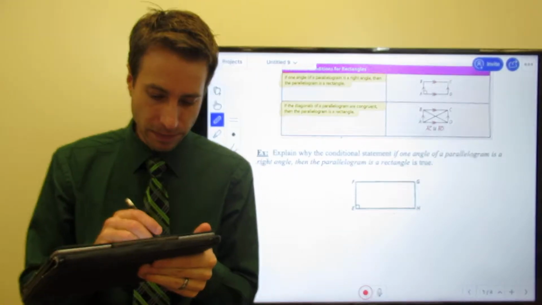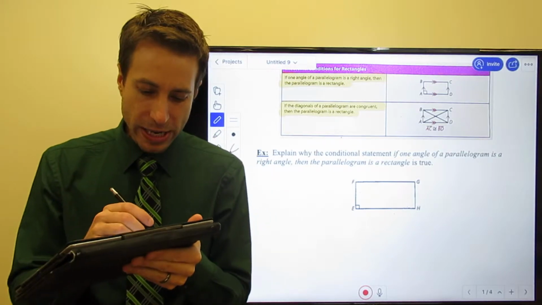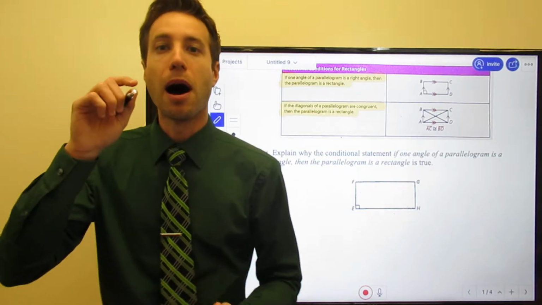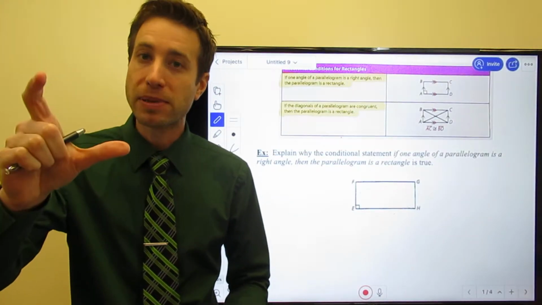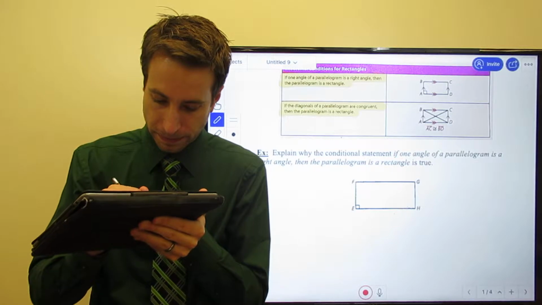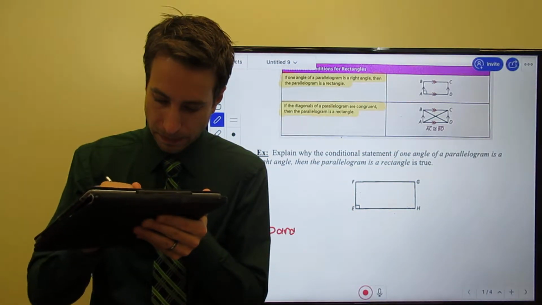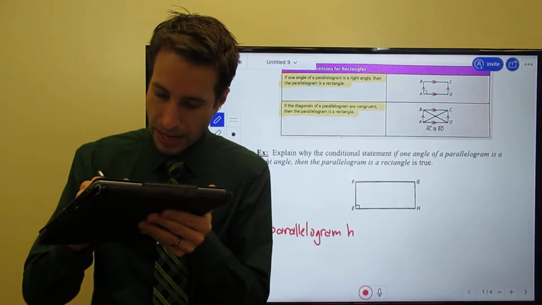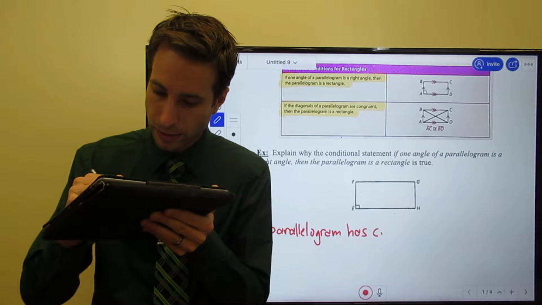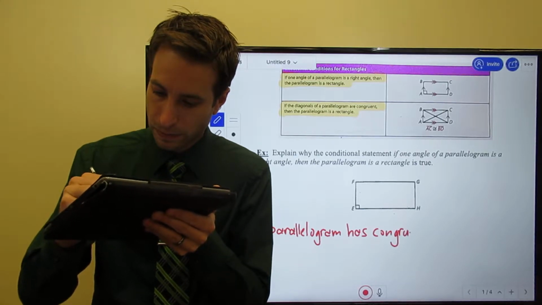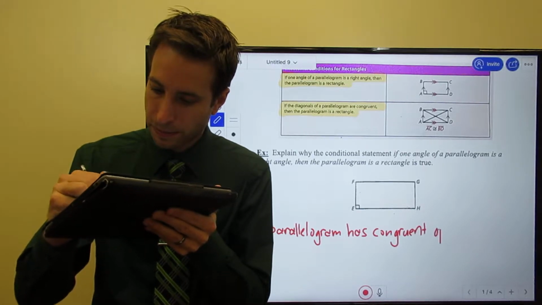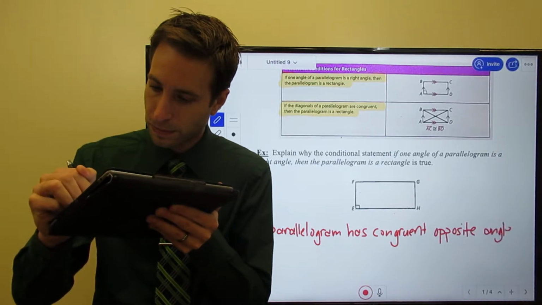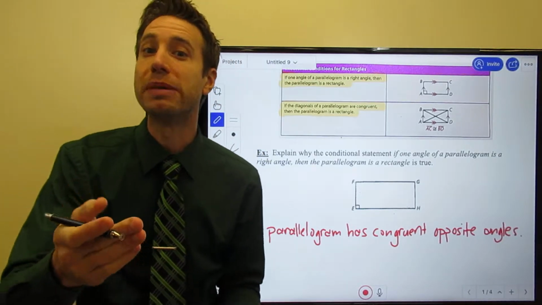Let's talk about this. First, here's what we know about parallelograms. Remember our properties of parallelograms. A parallelogram has congruent opposite angles. Here's what this means for us.